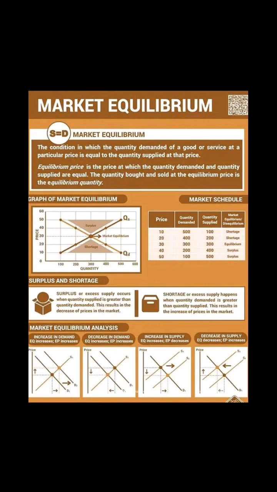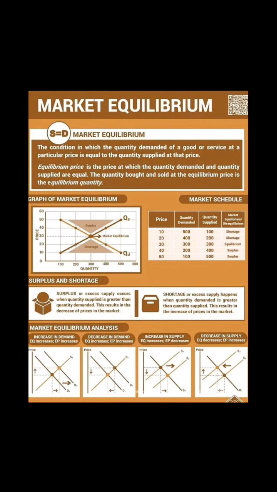On my left hand side, we have the market equilibrium graph. This is a pictorial image showing surplus and shortage. In this graph, we have QS and then QD. This QS stands for quantity supplied and QD stands for quantity demanded.